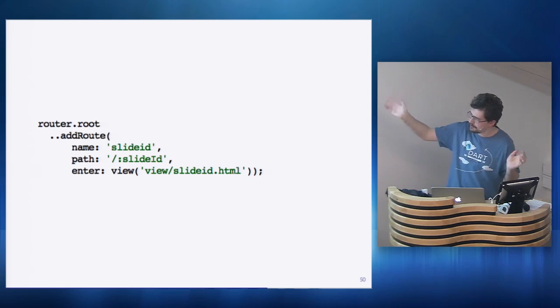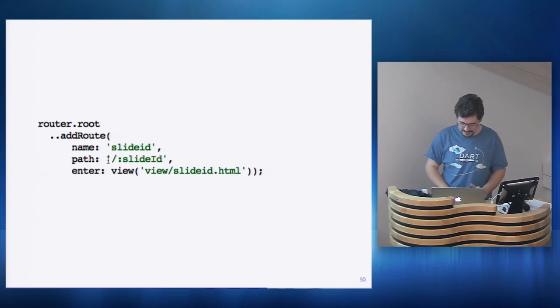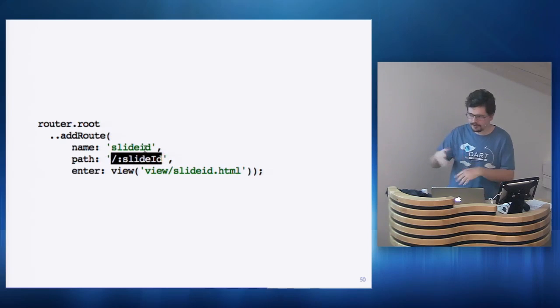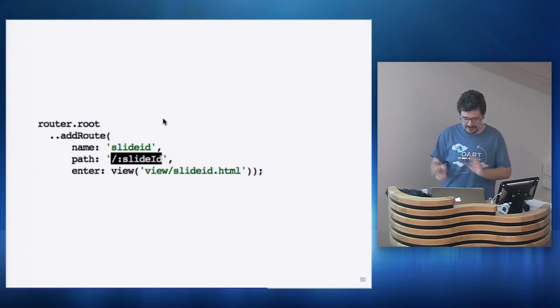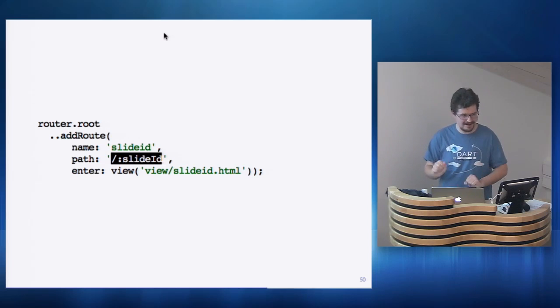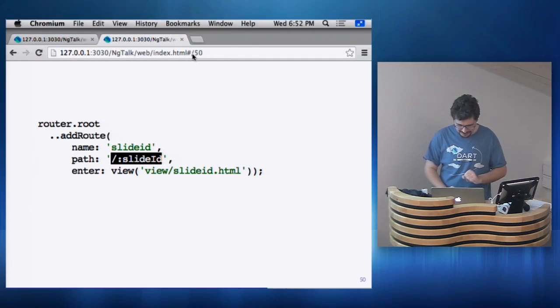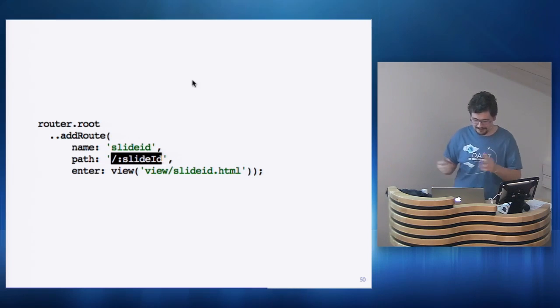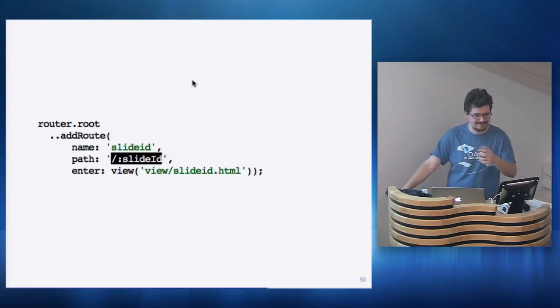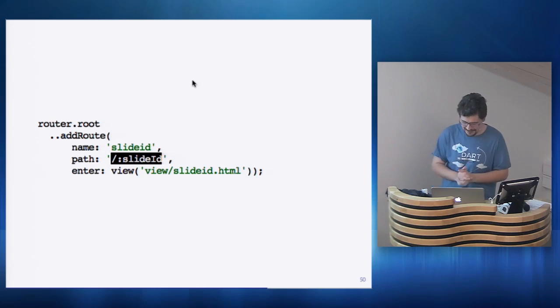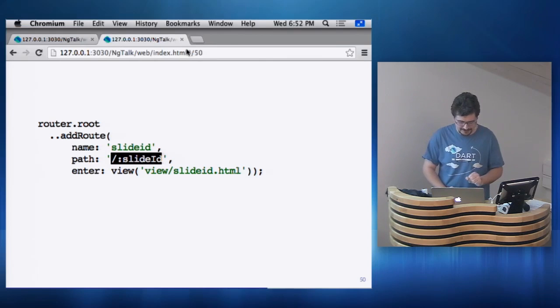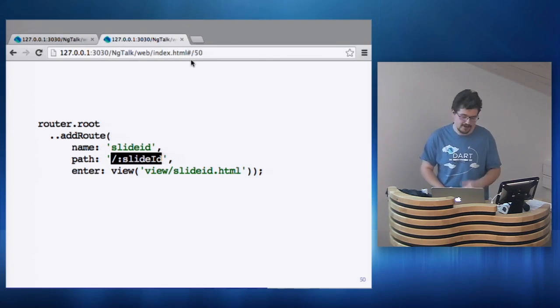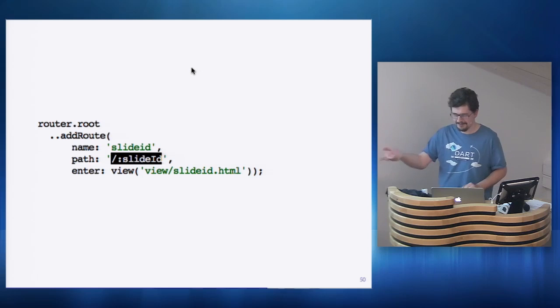You basically have the router, and you say, this is the path you have to match. I have to tell you, otherwise Angular people will come and kill me, that by default, Angular for routing actually uses the good APIs, not the hash abomination. I had to disable the good APIs and pass a special thing in to make it use the abomination, because my slide deck, which is reveal.js, uses the abomination. But it's a good slide deck, so otherwise the guy who created it also will come and kill me.